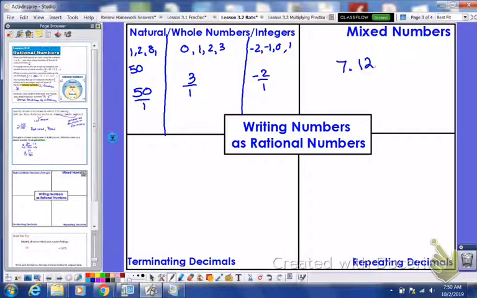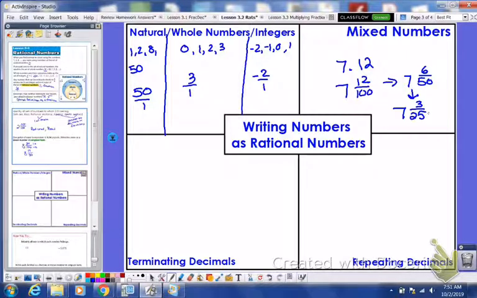We could rewrite as a mixed number as 7 and 12 hundredths, which we would reduce to 7 and 6/50ths if you divide by 2, which we could then reduce again to 7 and 3/25ths.